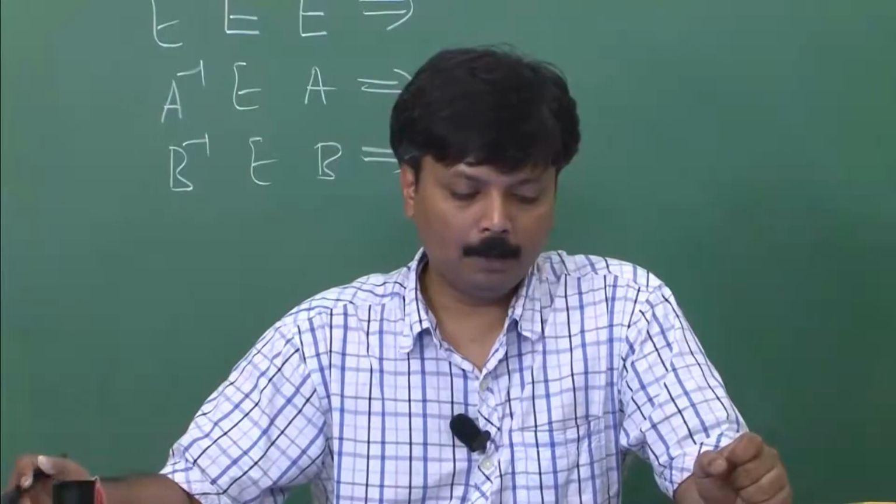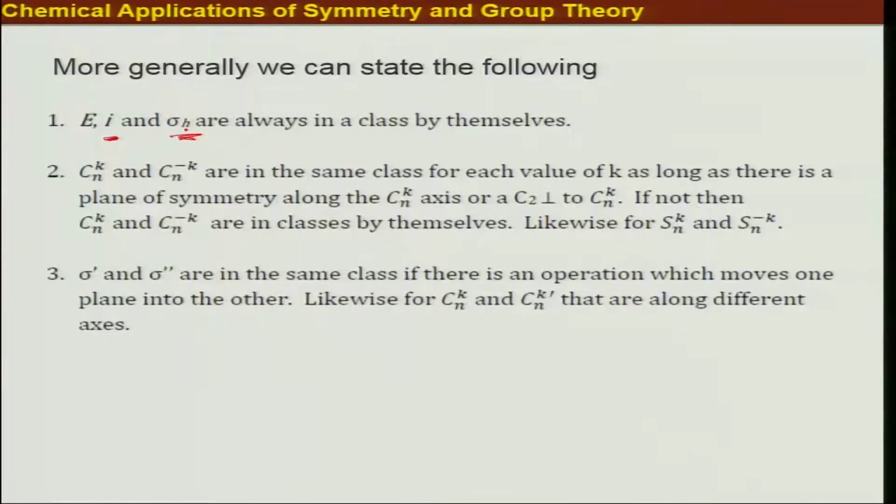Again, for any proper axis of symmetry, if you generate the symmetry operations from that, then generally Cnk and Cnk inverse, that is Cn minus k, are in the same class. Okay. For each value of k, as long as there is a plane of symmetry along the Cnk axis or a perpendicular C2 to Cnk.